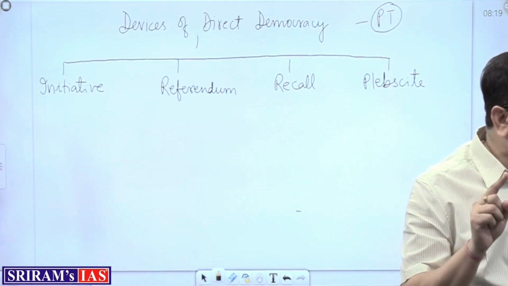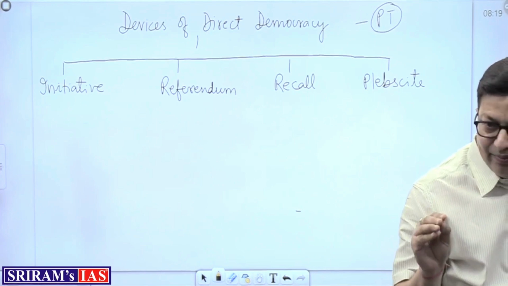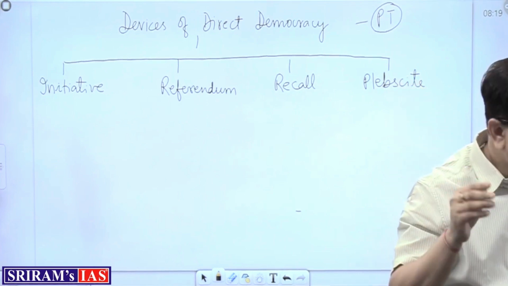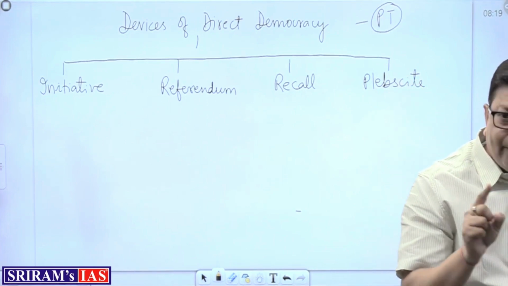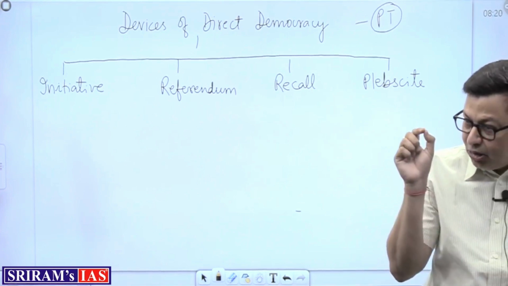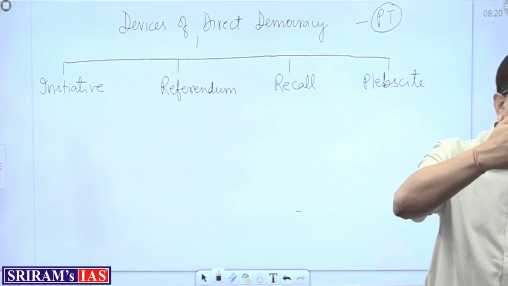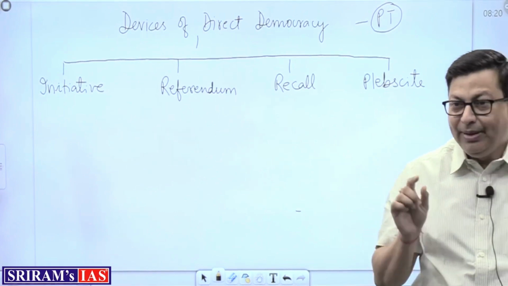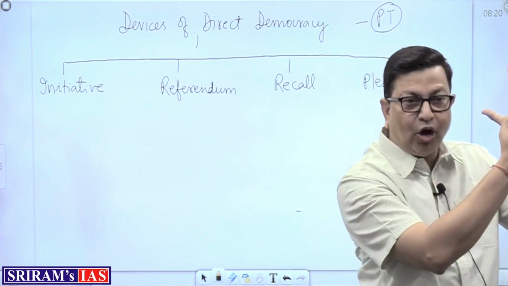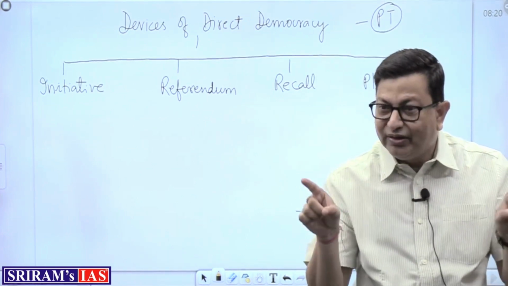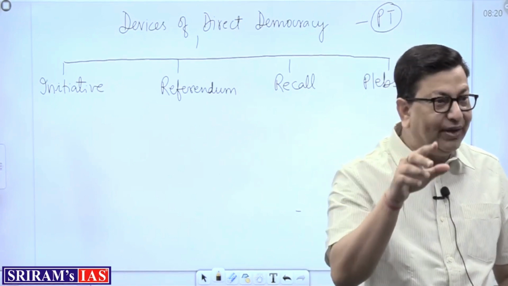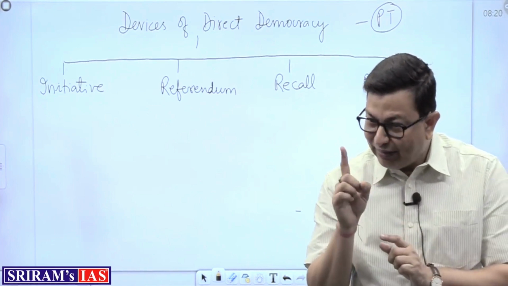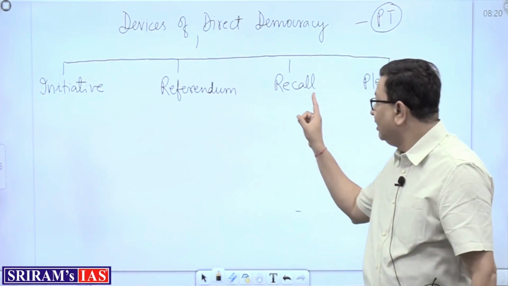What happens in an indirect democracy? The law is made, the head of the state signs it, it is notified in the Gazette and it is implemented. But in direct democracy, the laws will be made, then it will be referred to the people, and just as elections take place, people will come and they will take yes or no. If the majority of the voters, they approve the law which is made, then only the law will be implemented. That is referendum.